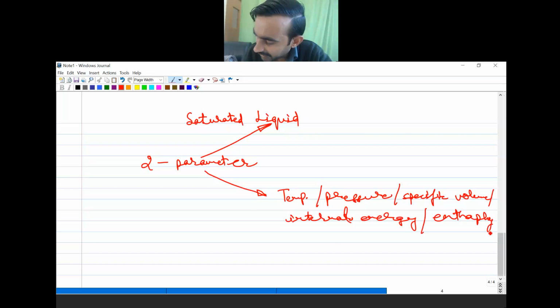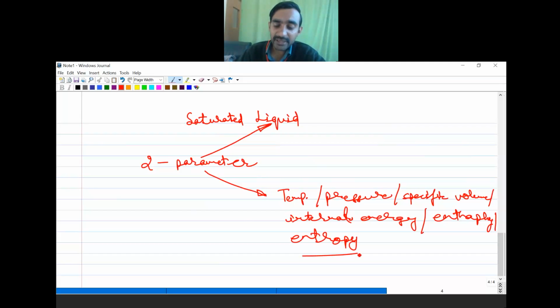The second will be the physical state of the system, because when we refer to a saturation state, we are specifying whether we have saturated liquid or saturated vapor. So ultimately we are specifying the physical state of the system.